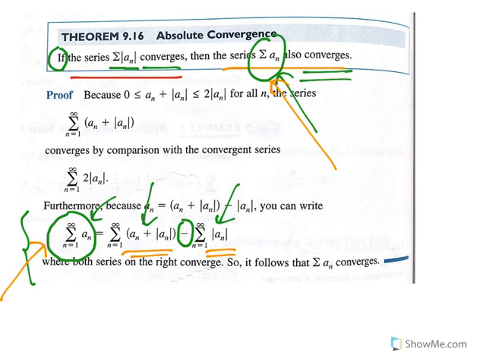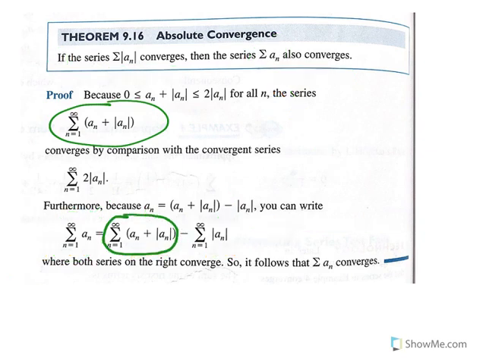So that's why we want to begin by considering the two series that we have on the right side of this equation. There's one here, and this one is, of course, we assume that absolute value series to converge by hypothesis.